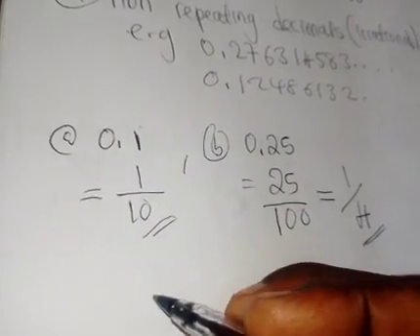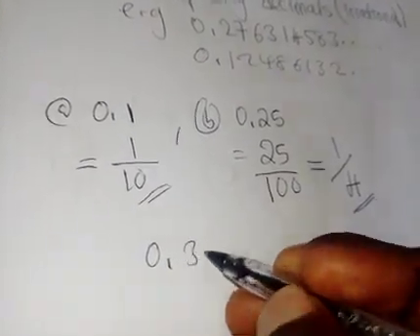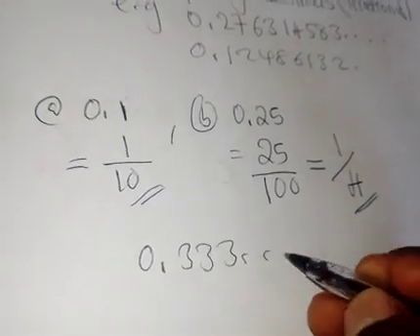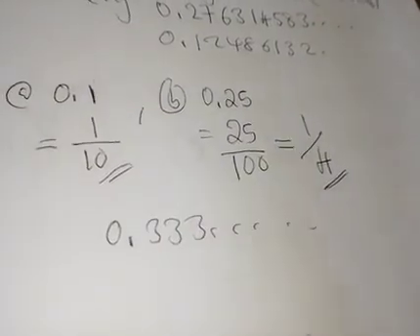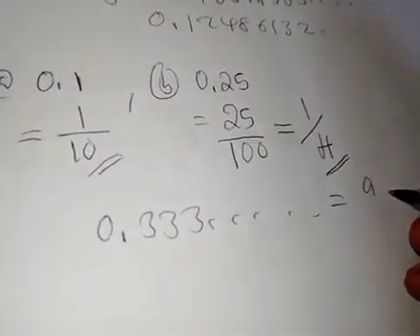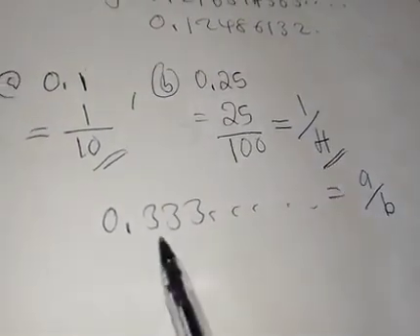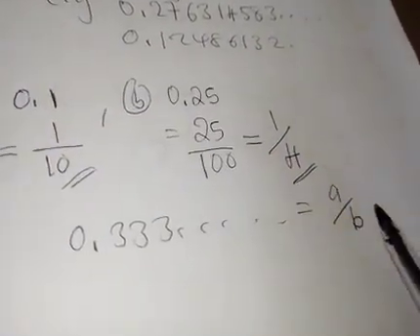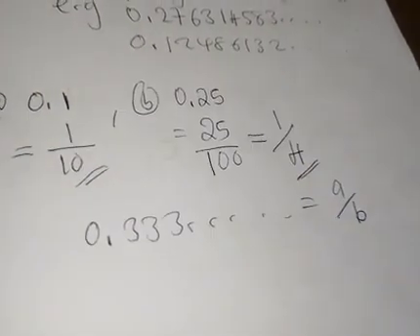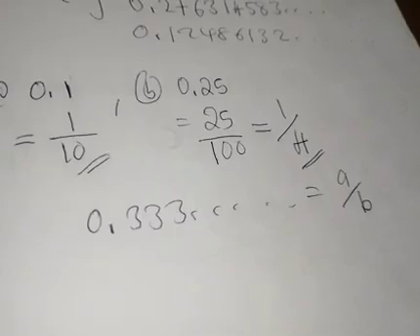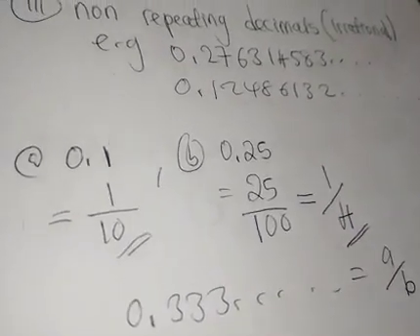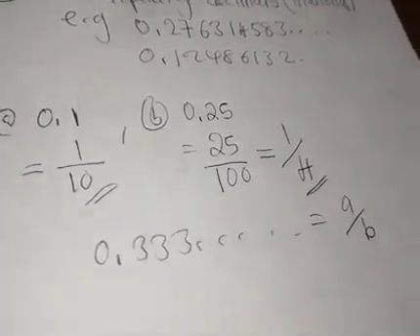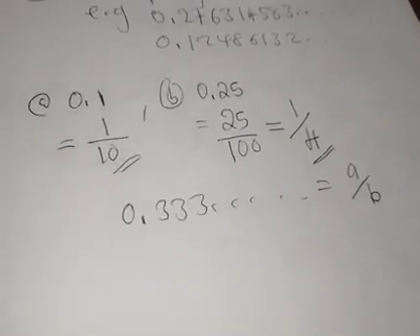So for those ones, it's easy, right? Then what if you have something like 0.333 being repeated? How can we convert it to the form A over B? We write it in the form of a fraction, from a decimal number to a fraction. So we should know how to do that, and to do that, let's look at the examples.